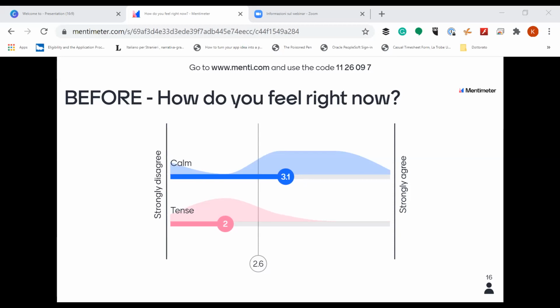So you can still adjust your answer if you want to, and make sure you assess yourself. Ask yourself, how do I find out if I'm tense? What are the things that tell me when I'm tense? And what are the things that tell me when I'm calm? You can check your heartbeat, your hands, if they're sweaty or not, your concentration level, your breathing.